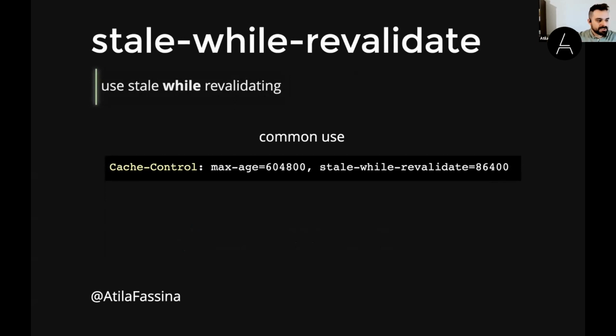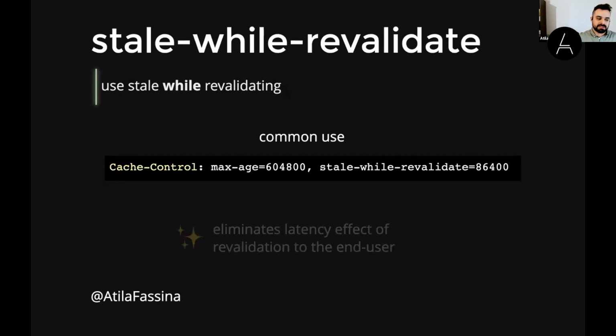So in this case, we're saying the max-age, my cache is going to be fresh for one week. And then what I'm saying here is that between the 7th and the 8th day, if my user requests this resource, I want you to serve them the stale content while you fetch the new resource.